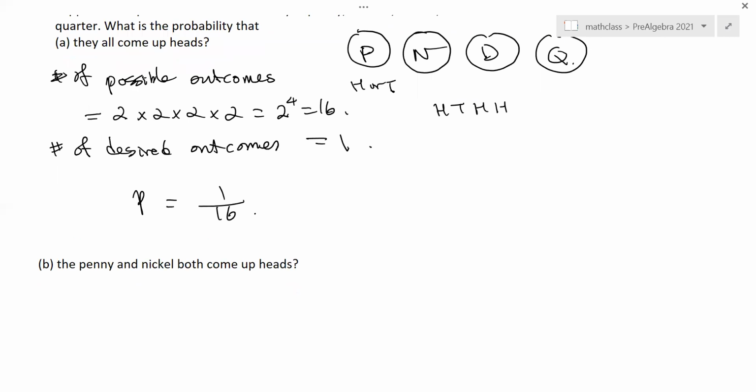If you have answers, let me know, and I should know how to explain that. If you give me an answer, don't just guess. So that means the penny and the nickel both come up heads. The penny must be heads. The nickel must be heads. But the dime and quarter, okay, sorry, my file is gone.